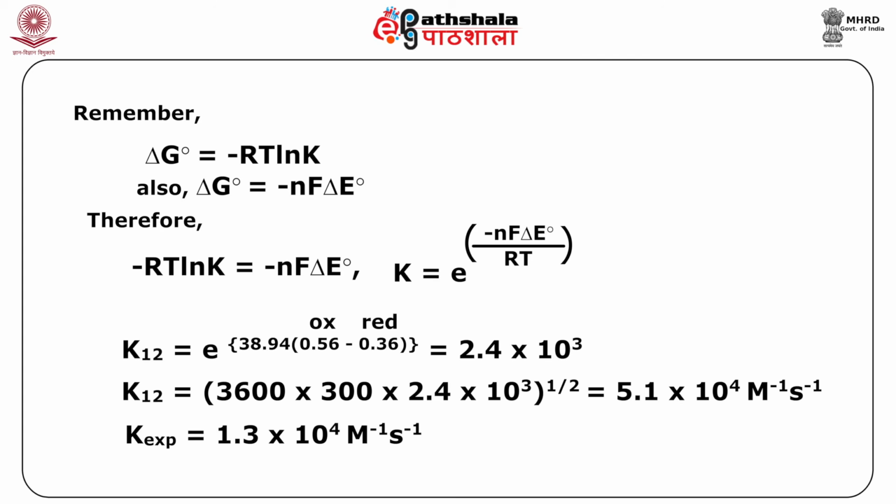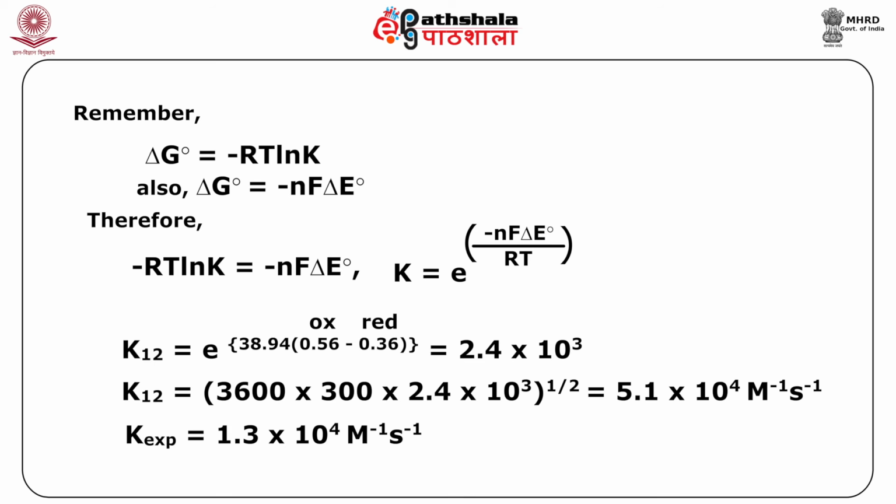So K12 overall is given by K12 equal to e to the power 38.94 times the difference between the oxidant and reductant, that is 0.56 minus 0.36, which is equal to 2.4 into 10 to the power 3.